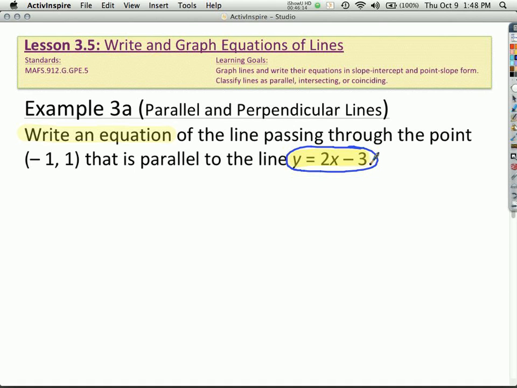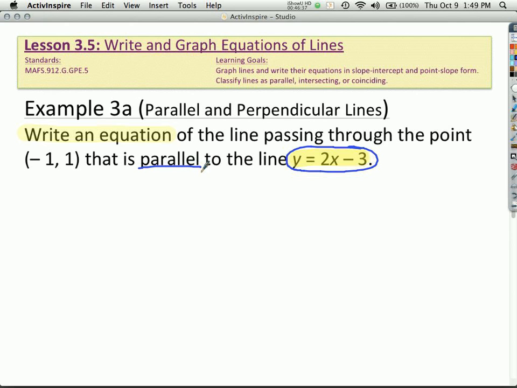Stephanie? It's 2. Are you certain? Yeah, because you take this with this word right here, and you know that two lines that have the same slope are parallel. So if you have two parallel lines, they will have the same slope.